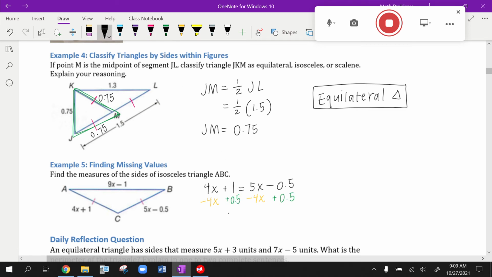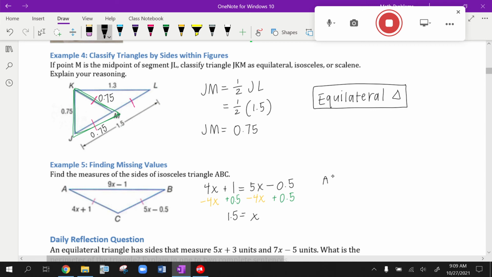So that gets me 1.5 equals 1x. Now I don't really need to write the 1 there. If you did, you know that 1x is the same as x. So I know x is equal to 1.5. But I didn't want to find x, I wanted to find the measures of the sides. So let's go ahead and find the measures of the sides.